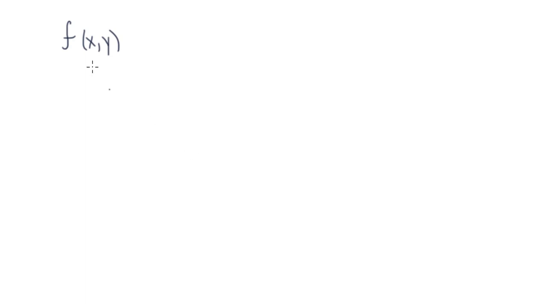So suppose we have a function of two variables, and we've talked about several things involving the derivative. We've talked about the partial derivative with respect to x, and now we can think about this as the directional derivative in the x direction. We've talked about the partial with respect to y. This is the directional derivative in the y direction.